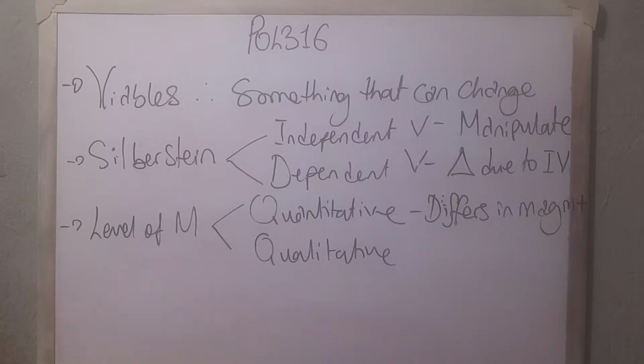When a variable takes on a finite number of numerical values, categories or codes, so we have that.